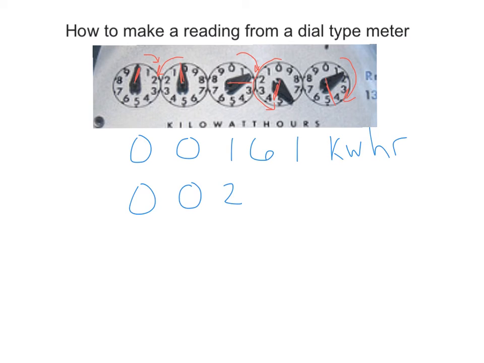My next one is going this way around. It's past the 4, but it hasn't quite reached the 5, so that's going to be a 4. So that's in the tens place value. And my last one is spinning this direction. Notice again, it has passed the 4, but hasn't quite reached the 5. So we would read that as 244 kilowatt hours.